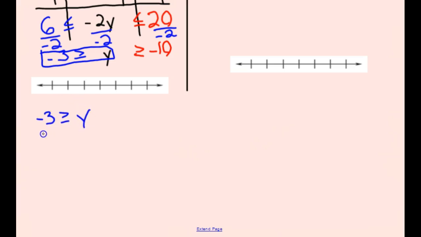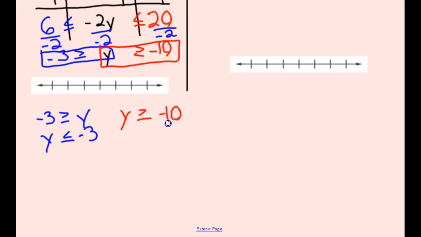Y has to be on the left, so we need to flip it yet again. So y is now going to be less than or equal to negative 3. On this side of our problem, we need to split that up, and we get y is greater than or equal to negative 10.